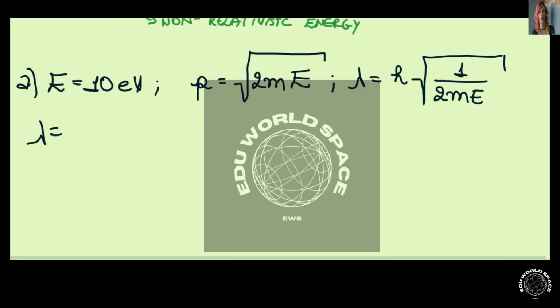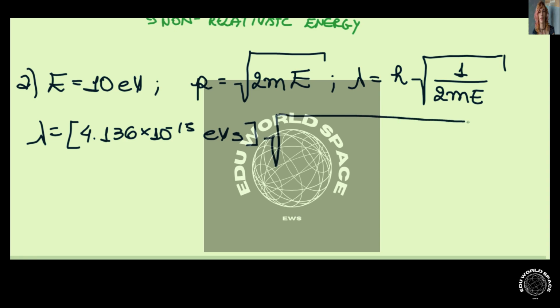Planck's constant is a well-known quantity, and I'm going to write it in electron volts because I'm using the energy in electron volts. So Planck's constant is 4.136 times 10 to the minus 15 electron volts times second, times the square root of 1 divided by 2 times the energy, so 10 electron volts, times the mass of the electron.